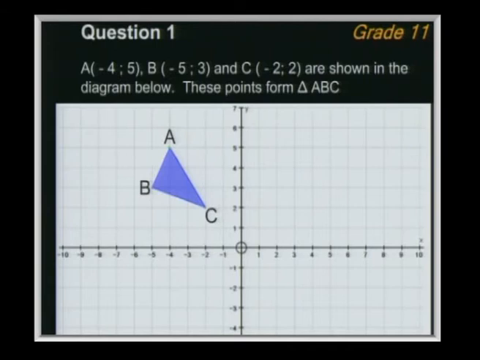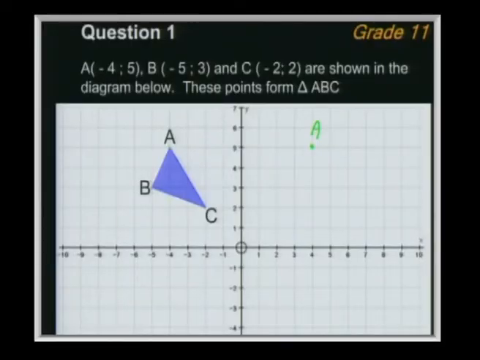A is minus 4 units across, so it must go 4 units across and land up there. Remember, when we reflect around the y-axis, the x changes and the y doesn't change at all. So our point A dash was minus 4, 5, becomes 4, 5.